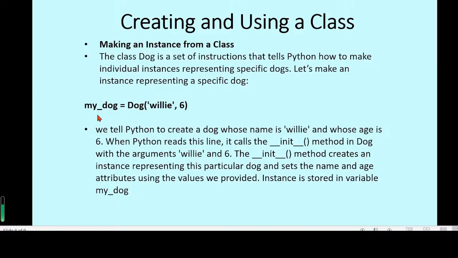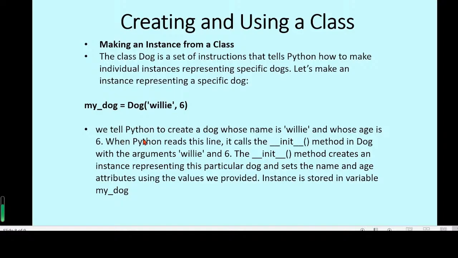To create a specific dog, we use dog equals, then Dog is the class name, and inside parentheses are the name and age, the 2 parameters needed when we defined the initial function in the class definition.